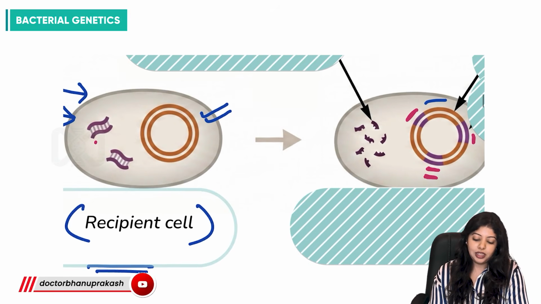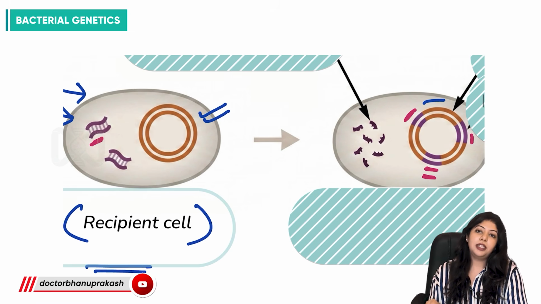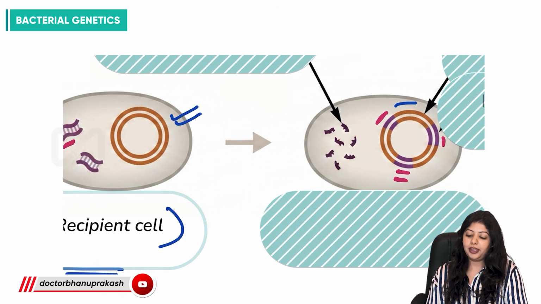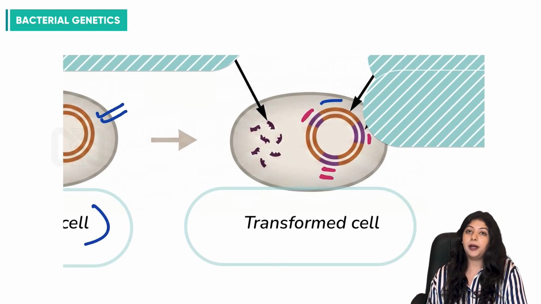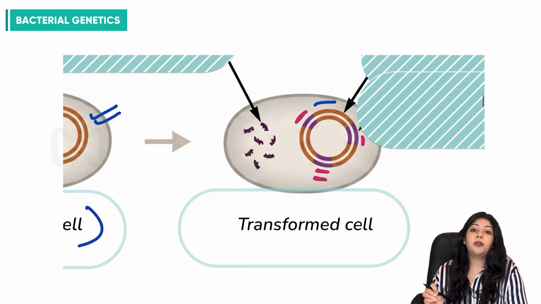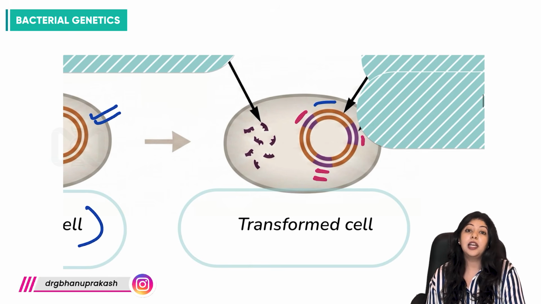It is this purple colored DNA which has now become integrated with the chromosome. And now this bacterium becomes a transformed cell, because of the integration of this free DNA into its chromosome.